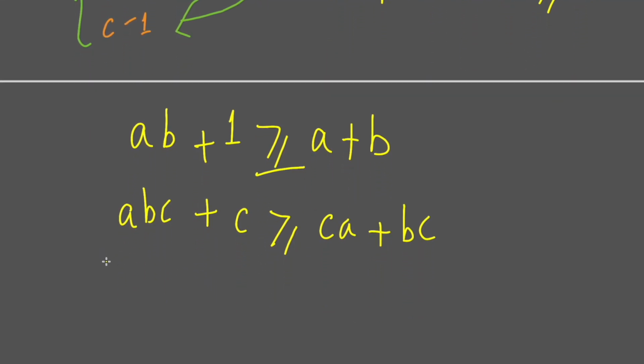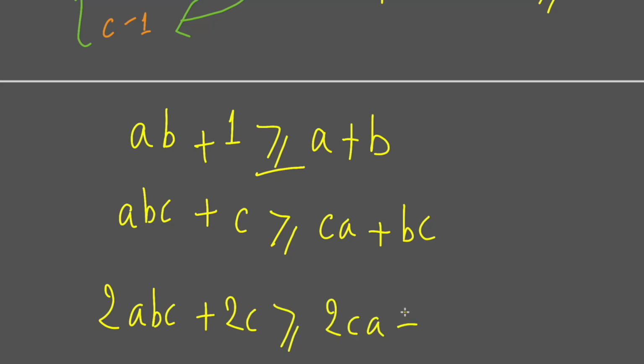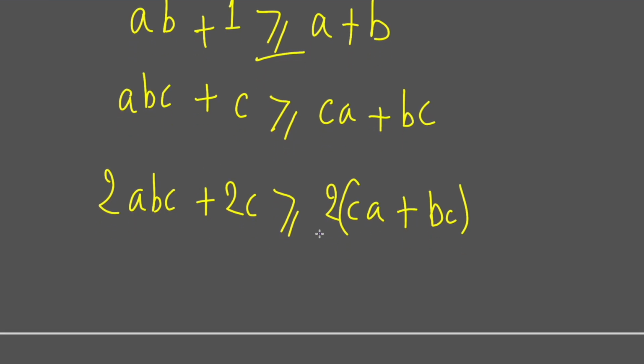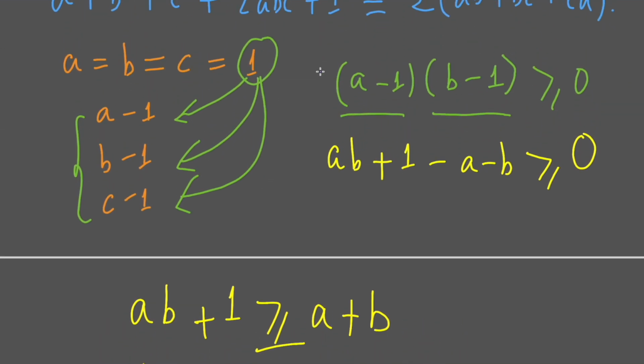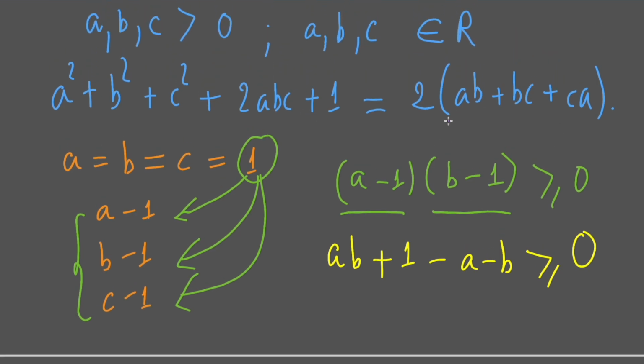And the next is you multiply by 2. Then 2abc plus 2c greater or equal than 2ca plus 2bc. Okay, you can see on the right hand side that is missing 2ab.